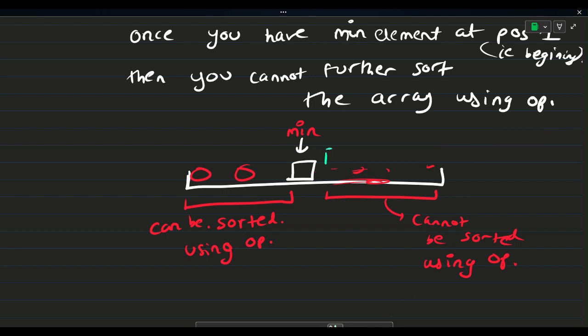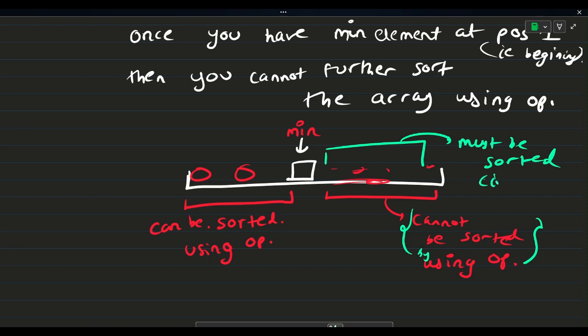This portion of the array must be sorted, or else it cannot be sorted by using operations. So this must be sorted initially.